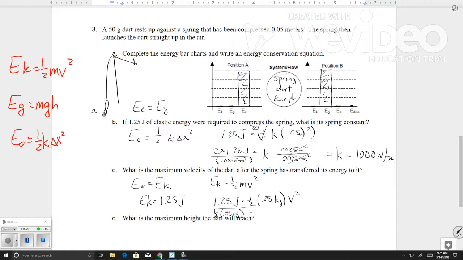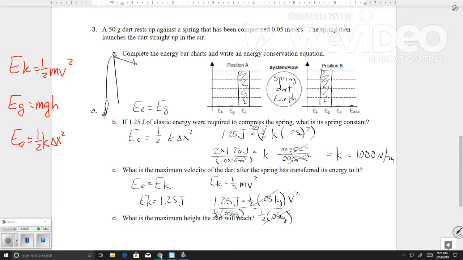That equals this over 1/2 times 0.05 kilograms as v squared. So that leaves me with 1.25 joules over 1/2 times 0.05 kilograms equals v squared.